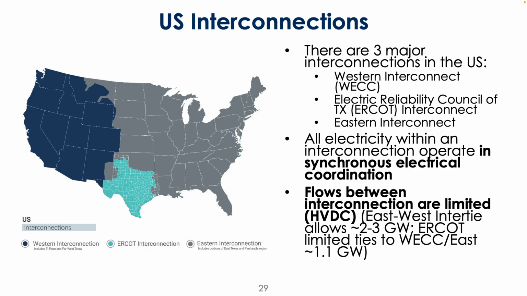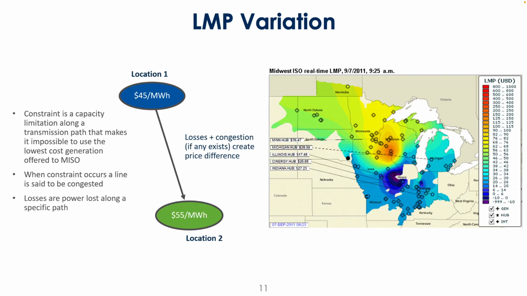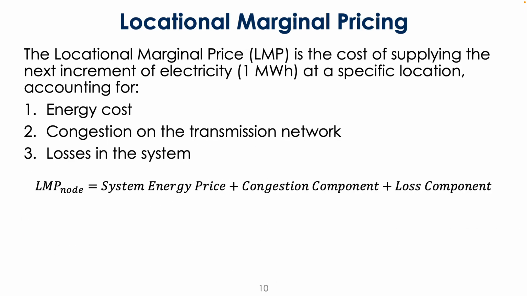Sorry to go back a bit. I'm having some trouble connecting marginal price to the day-ahead and real-time markets. So the energy price, if you could just draw a curve. Yeah.